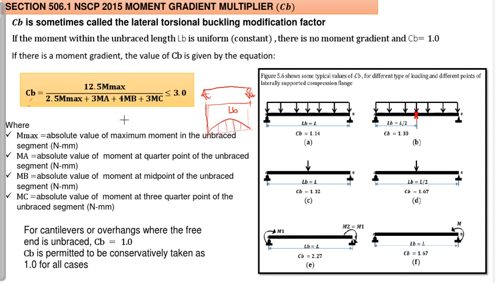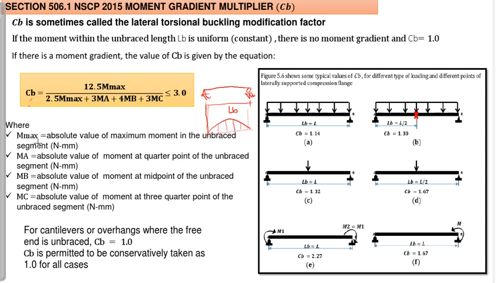Okay? So, we have here the definitions of Mmax, Ma, Mb, and Mc doon sa ating CB equation. So, ano nga ba yung Mmax? So, Mmax is the absolute value of maximum moment in the unbraced segment.